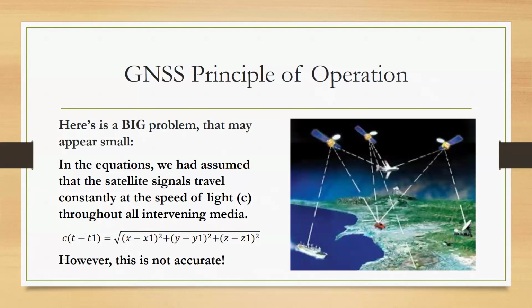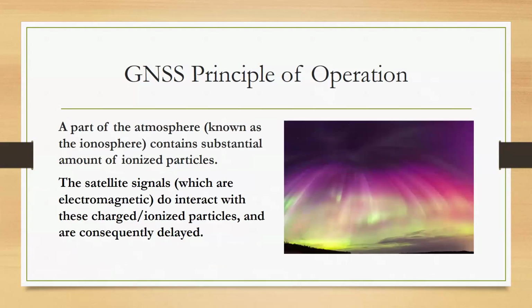And why is it not correct? It is because there's a part of the atmosphere which we call the ionosphere that has a substantial amount of ionized particles. And from our elementary electromagnetism, we know that when electromagnetic waves pass through a region of charged particles, they interact with those charged particles in ways that eventually cause delays of the order of the density of the charged particles in that medium.